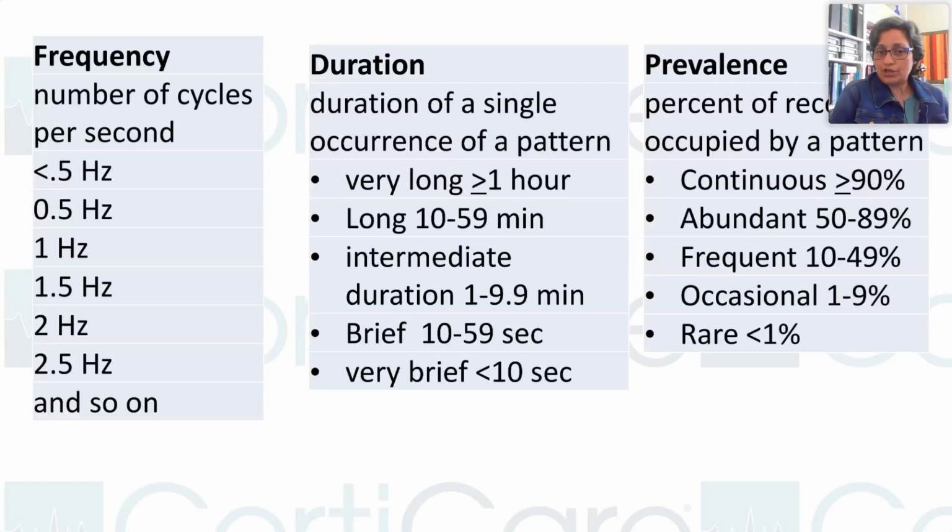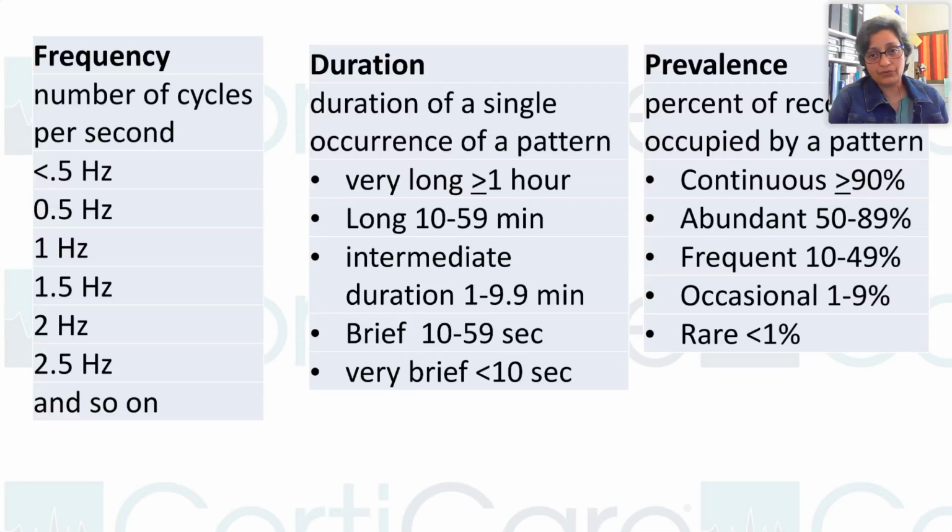The duration of a given pattern is like a single occurrence. What is the duration of the pattern that you're looking at? Is it very long? That means you're seeing that pattern for over an hour now. That again goes into your continuous discharges. Sometimes the pattern comes, the pattern goes away. So a long pattern is 10 minutes to 59 minutes.